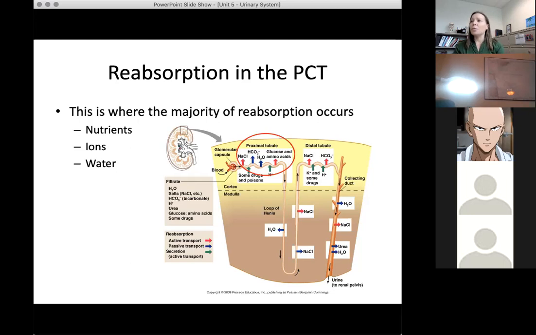About 80 to 90% of bicarbonate ions are reabsorbed. That's HCO3. So that's up here, HCO3. You can see, so what's circled here is mainly what's getting reabsorbed here.